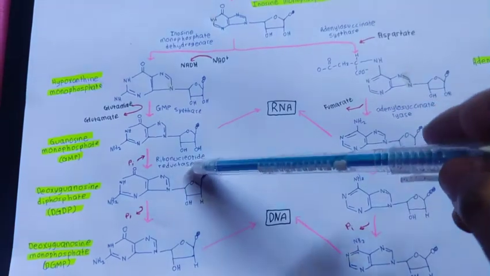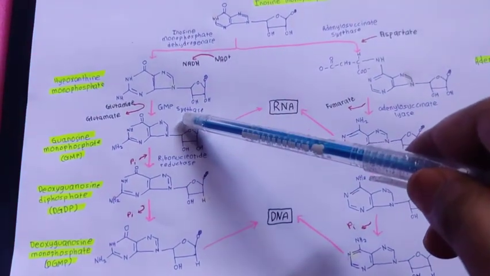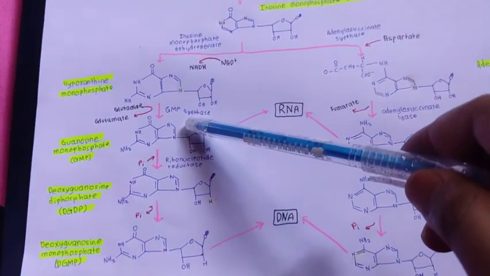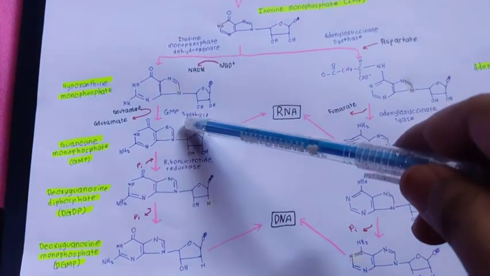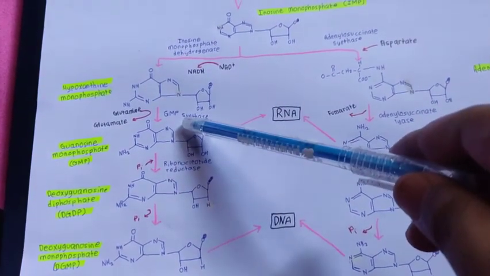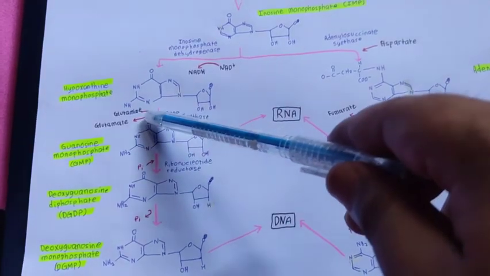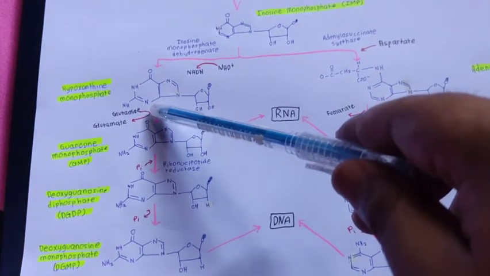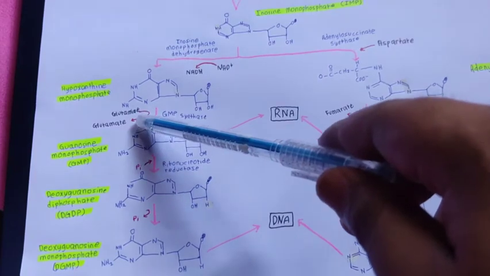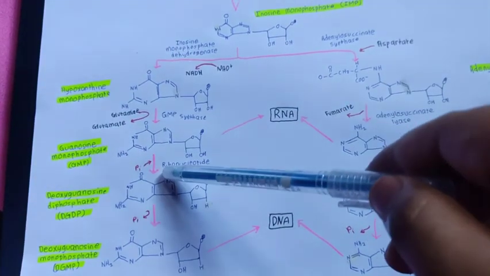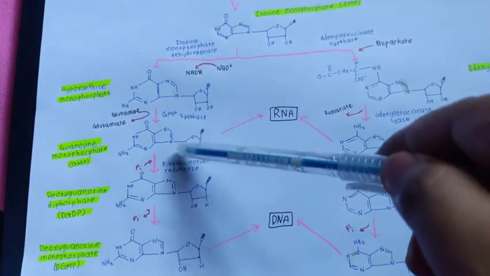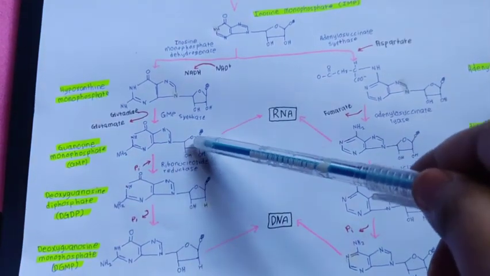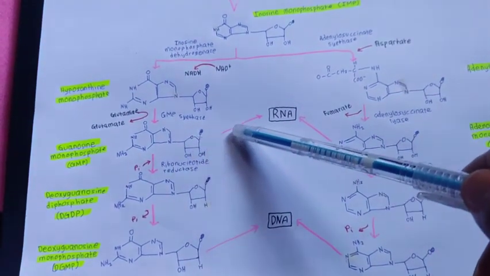Then it was converted into guanosine monophosphate using GMP synthase, and glutamine is involved here, and glutamine was converted into glutamate. So this guanosine monophosphate or GMP can be used to convert into RNA.